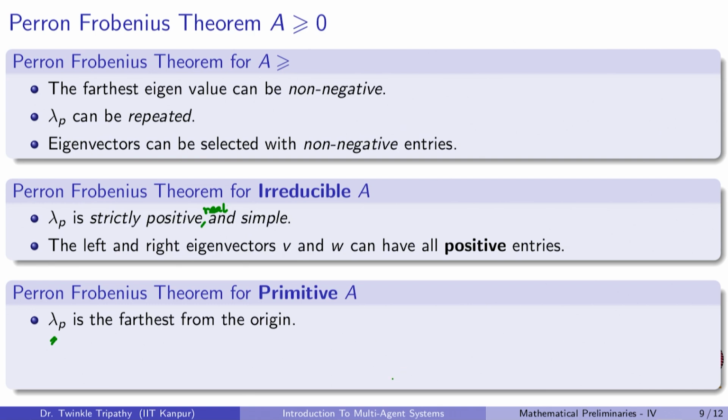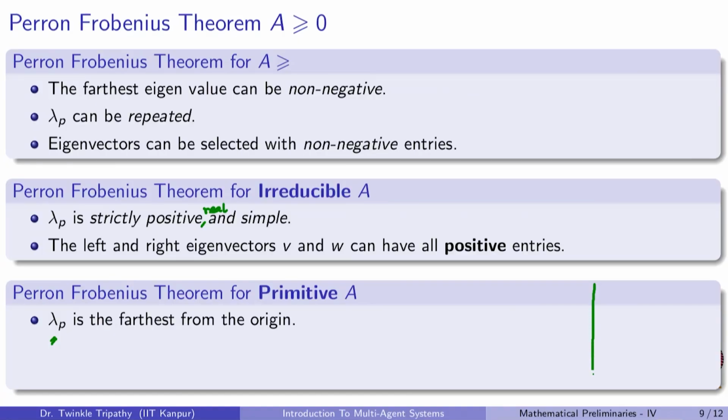In the case of A being primitive, lambda p becomes the eigenvalue which is farthest from the origin, meaning if this is where the eigenvalue lies, then none of the other eigenvalues can lie on the disk. Every other eigenvalue has to be contained within the disk.